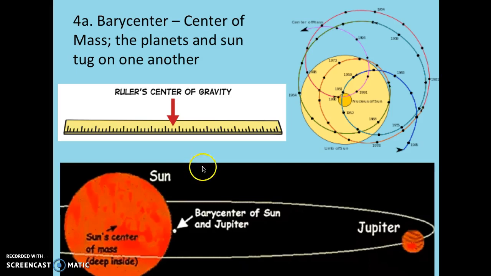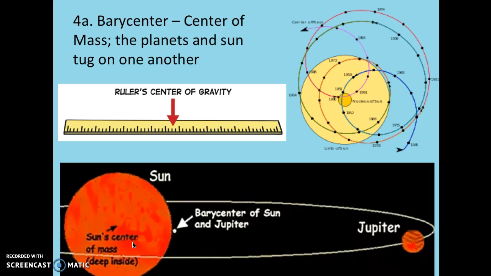So just remember, like the sun, for example, here, Jupiter here, the barycenter is not necessarily going to be the exact center of the solar system. It's going to be the center of mass, the center of gravity between those two objects.